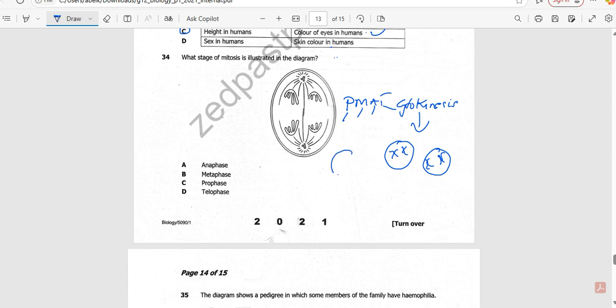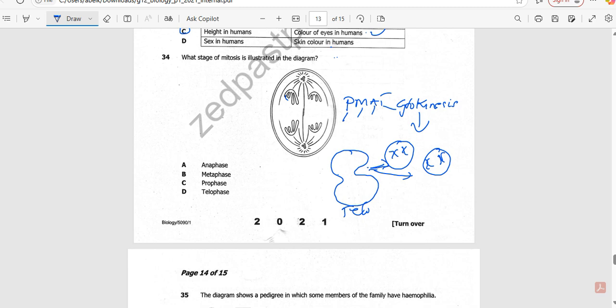Then when it becomes like this, from here, then it will come here. So this is what you call the telophase. Then at this point where the spindle fibers pull these chromatids to their opposite poles, it is called the anaphase.